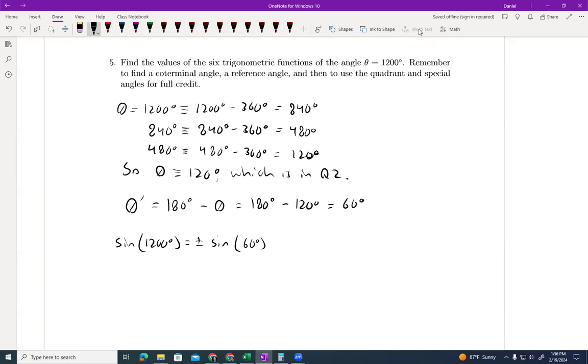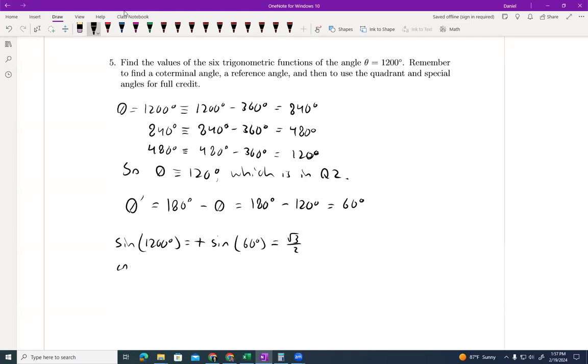If 120 degrees lies in quadrant 2, so does theta. Since we're in quadrant 2, sine should be positive. So sine of 1200 degrees will be positive sine of 60 degrees and not negative. Just to emphasize this, I'm going to put a plus sign over there. You don't have to put the plus sign; I won't take off for it if you don't. So positive sine of 60 degrees, and sine of 60 degrees is square root of 3 over 2.